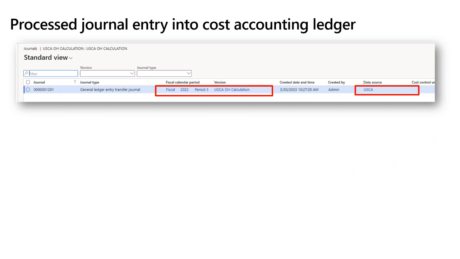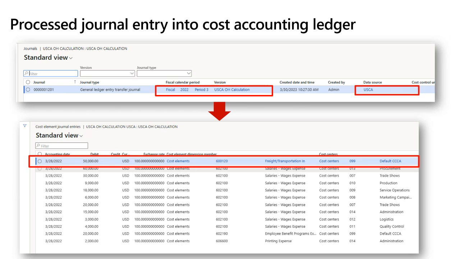If we see the details of the data that is being ingested as part of cost accounting ledger, then we can see all the data that we have posted as part of GL voucher have been imported, and we also have our overhead calculation of freight and transportation that has been brought into cost accounting ledger. Right now, the data that we have brought in for freight and transportation has been marked against the default cost center.